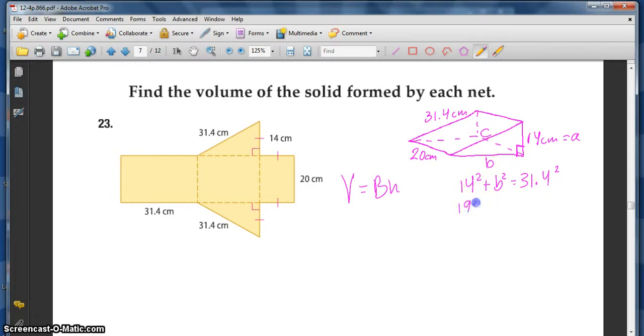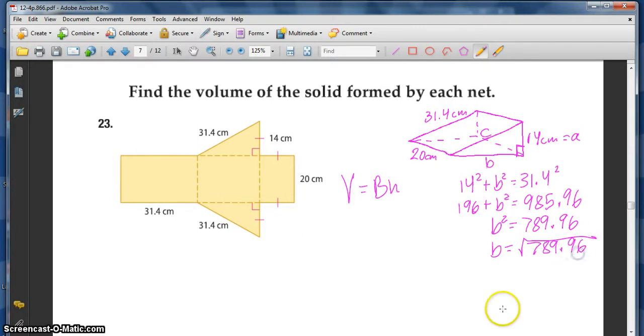So that gives us 196 plus B squared is equal to 985.96. So if we subtract, we get B squared is equal to 789.96, and B is equal to the square root of that. So now I can find the area of my base.